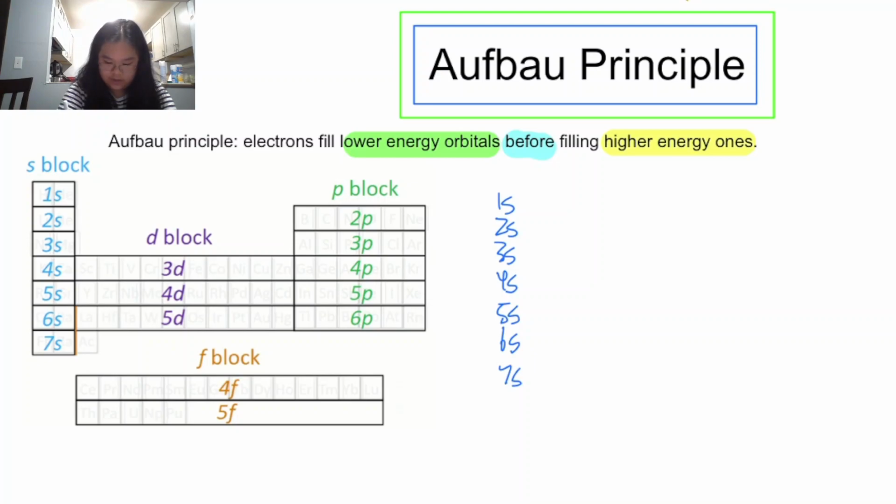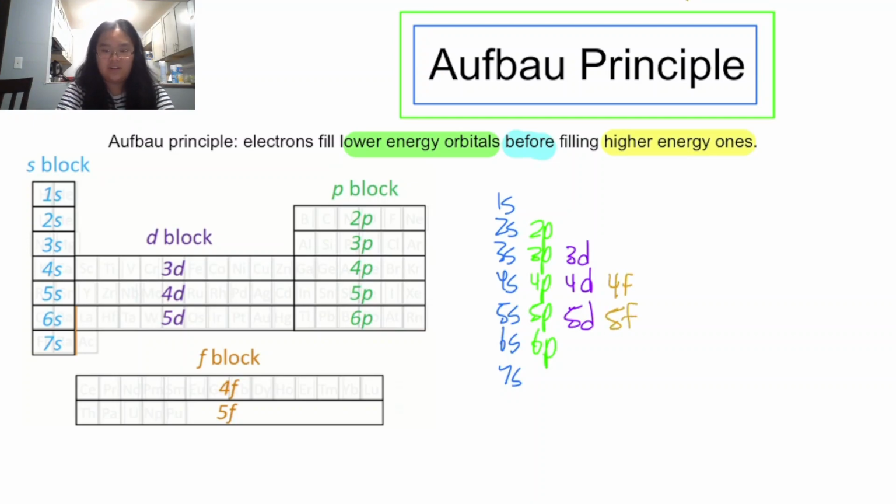Then you list all of the p orbitals, which go from 2 to 6. Then you list all the d orbitals, which go from 3 to 5. Then you list all of the f orbitals, which go from 4 to 5.